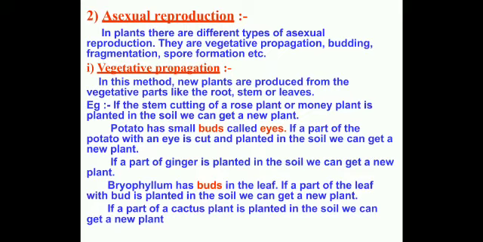If a part of the leaf with a bud is planted in the soil, we get a new plant. The next example is cactus. If a part of a cactus plant is planted in the soil, we can get a new plant. So these are some examples of vegetative propagation.